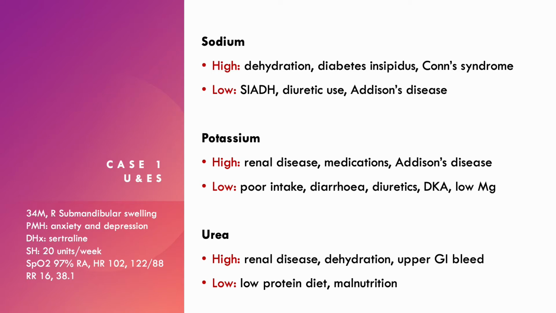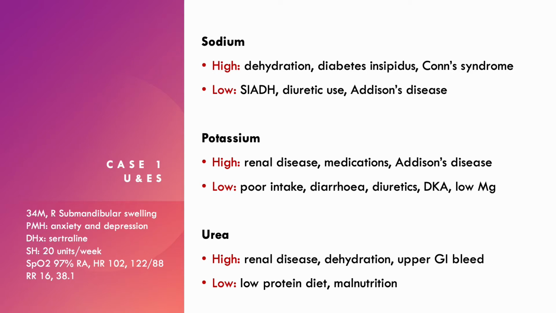Causes of low potassium: having poor intake, diarrhea, diuretics, so making you pee it all out, diabetic ketoacidosis, and a low magnesium can impair your ability to keep a high potassium. So in terms of signs and symptoms, they may get muscle weakness, and they may get pain and constipation.